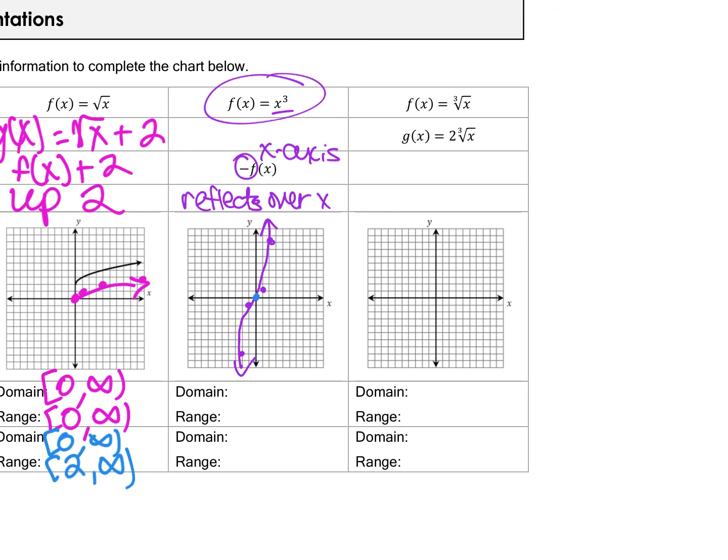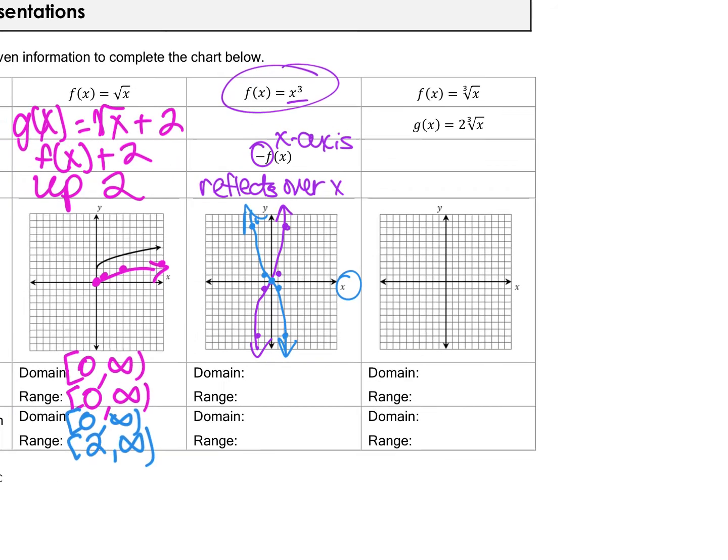So now when we reflect over the x-axis, that changes the y value because you're reflecting over the x-axis. So this point comes here, this point goes here. It's changing the sign of your original y value on your parent function.